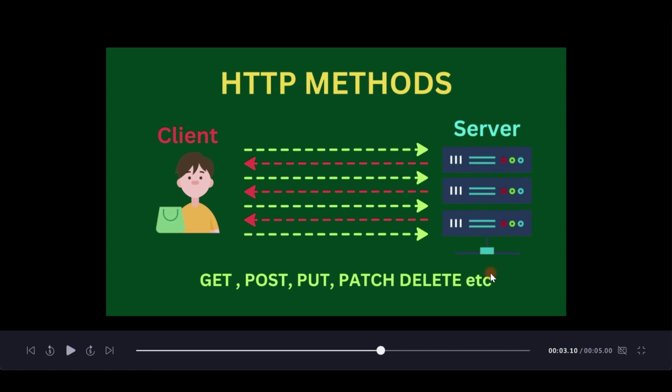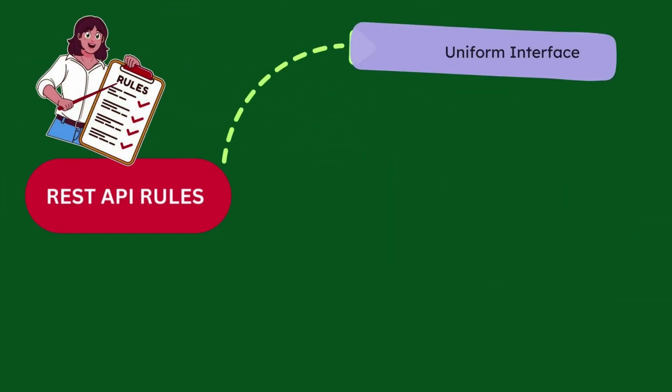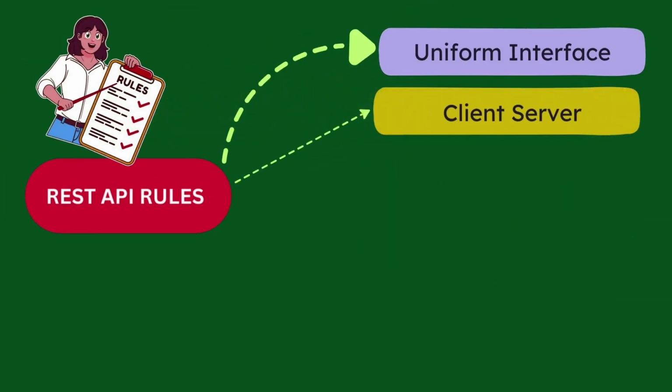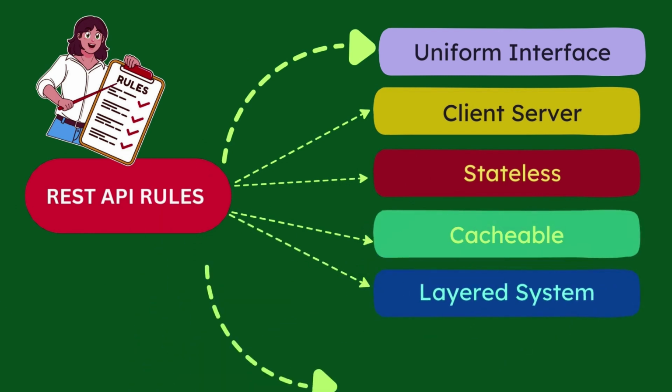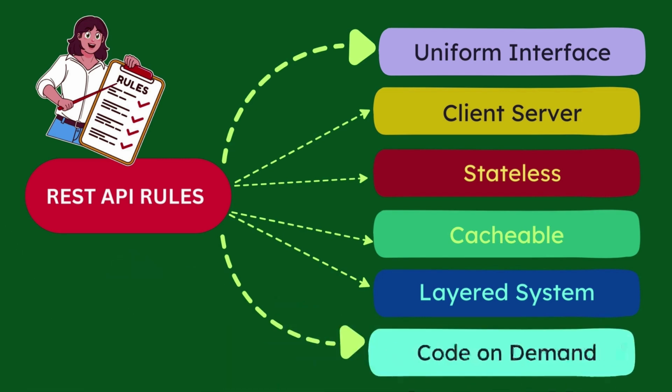Overall, the name representational state transfer encapsulates the key principles of REST, which include client-server architecture, statelessness, cacheability, layered system, and uniform interface, all of which contribute to the scalability, simplicity, and flexibility of RESTful APIs.